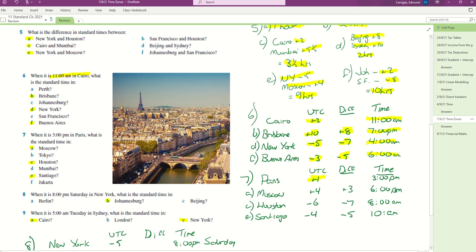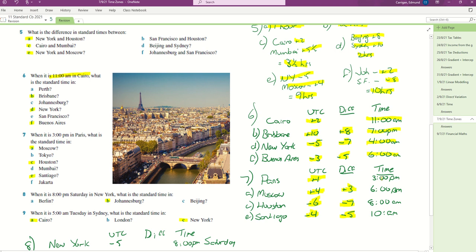Again, Paris +1, Moscow is +4, difference is +3. Paris is +1, Houston -6, difference: Houston is 7 hours behind Paris, -7. Santiago -4, Paris +1. Santiago is 5 hours behind.